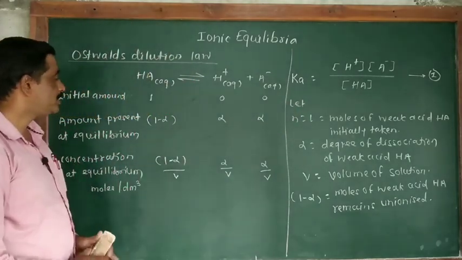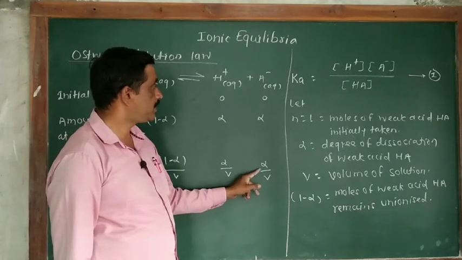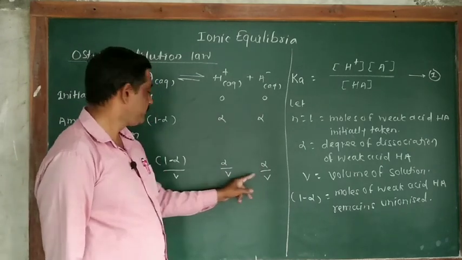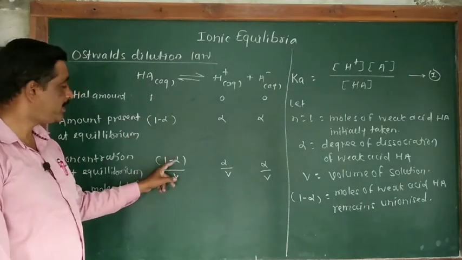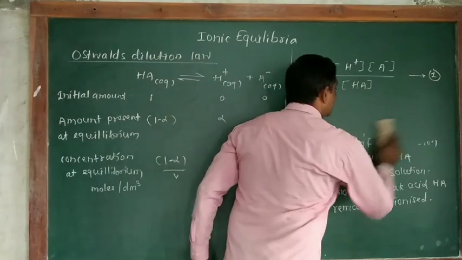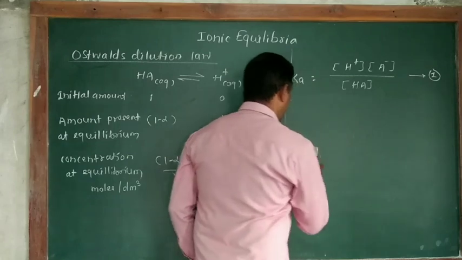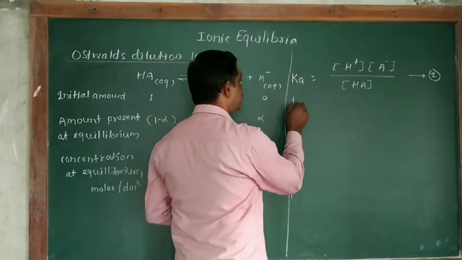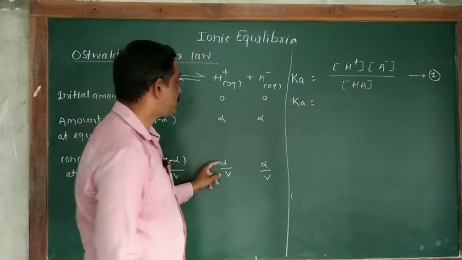Now substitute the value of H plus ion concentration, alpha upon V, A minus ion concentration, alpha upon V, and HA concentration, 1 minus alpha upon V, in equation 1, and that equation is Ka is equal to, now substitute the values of concentration.